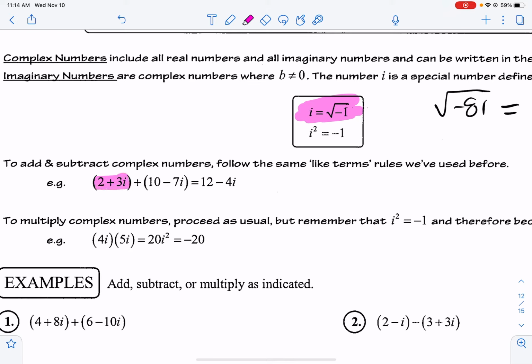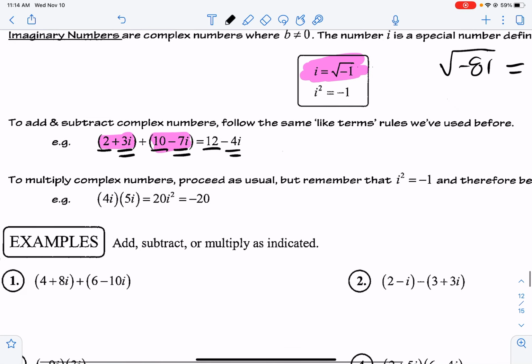So if I have 2 plus 3i and I want to add that to 10 minus 7i, I take the 2 and the 10, those can add together and be 12. And then I can take the 3i and combine that with the minus 7i to get negative 4i. So when you add them together, you just treat them like any other x that you would be working with.